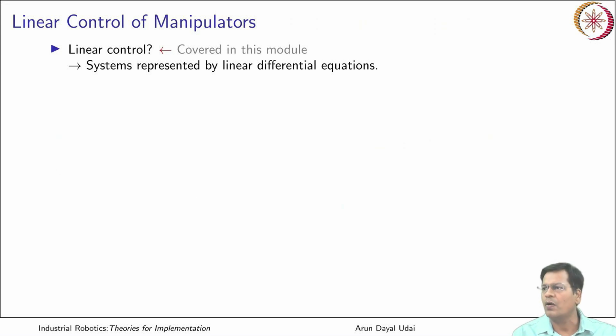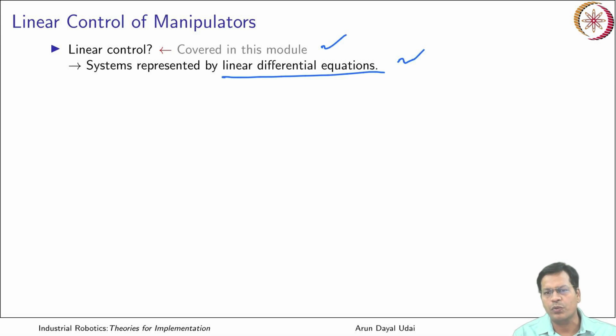Now in this module we'll mostly be doing linear control, and systems are represented mostly by linear differential equations. To be more specific, we'll handle mostly second order linear differential equations, because most of the systems we are handling can be taken care of well by second order differential equations, and we should be happy with that.